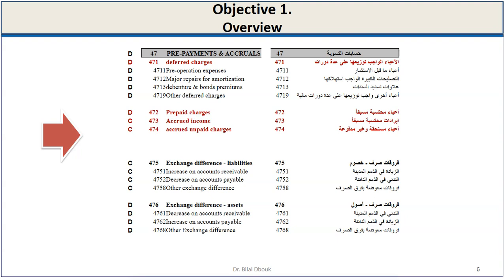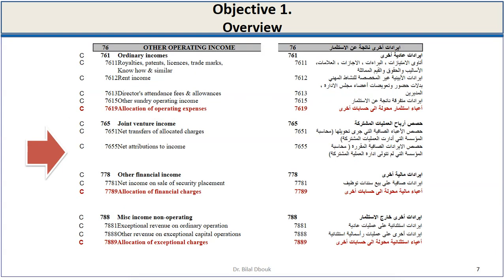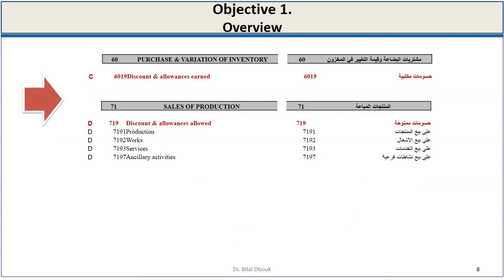So all these accounts we are going to use in this chapter according to the Lebanese chart of accounts. Related to other revenue accounts, we will also use account 7619 when we allocate operating expenses. Also, we will use account 7789, allocation of financial charges or expenses, and 7889 related to allocation of exceptional charges.